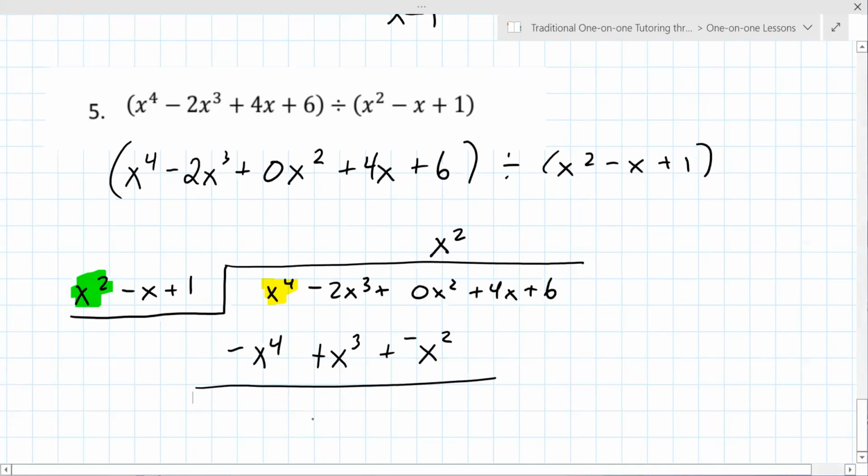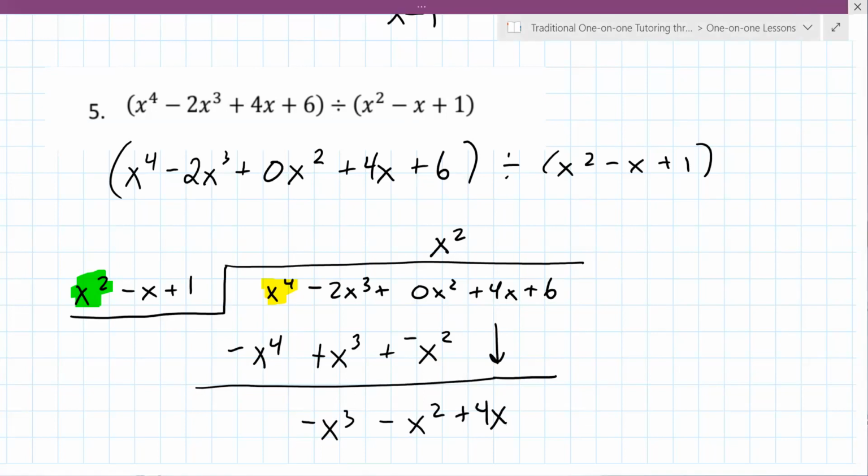So that's minus x cubed minus x squared. And then you generally bring down one more term. So it's the same thing. You look at that leading term. So I'll highlight it.